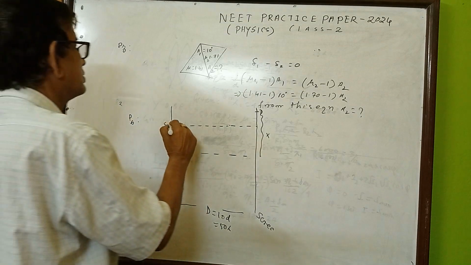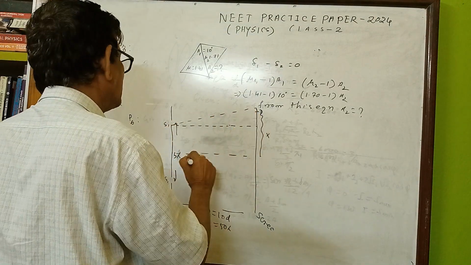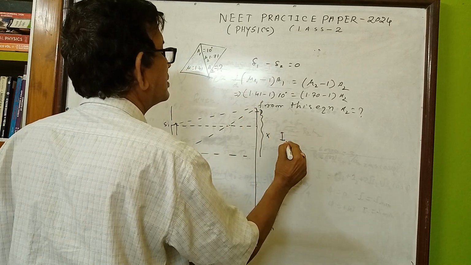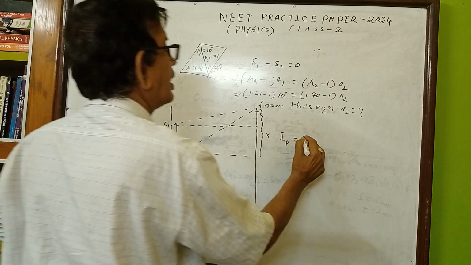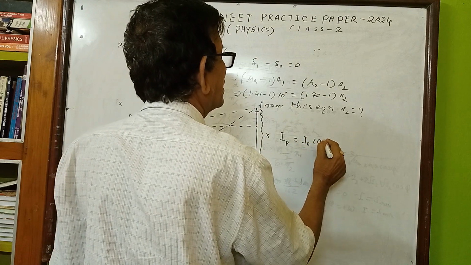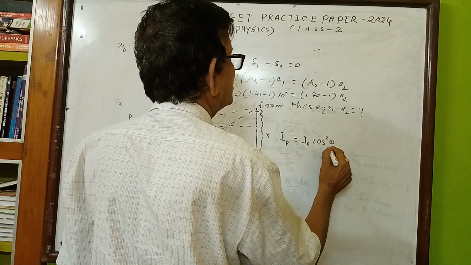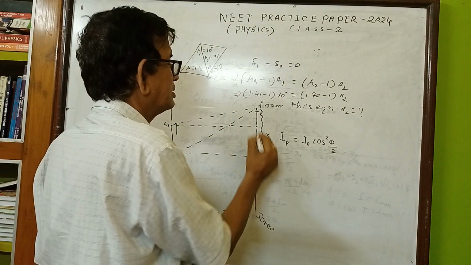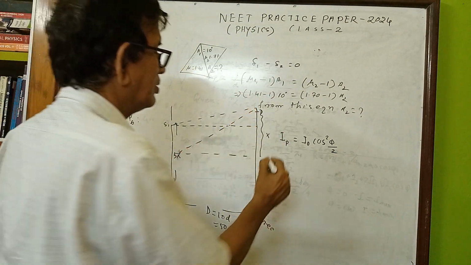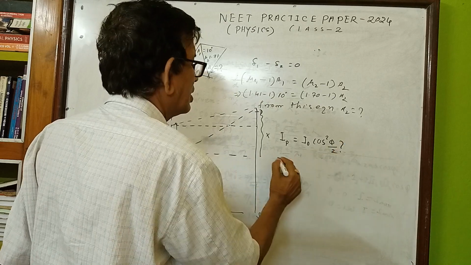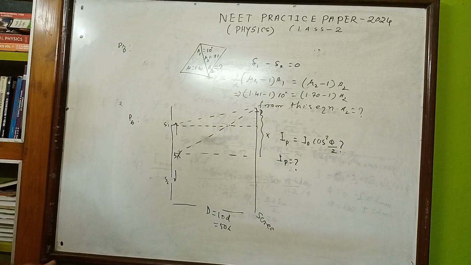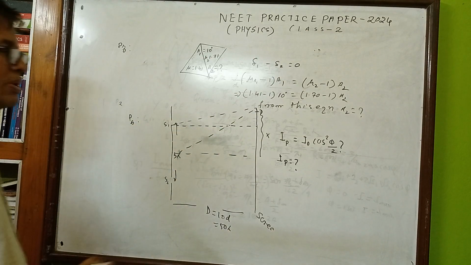Now two rays are going to that point P. They are telling that the intensity at the point P equals I0 cos square phi by 2. The question is what is the intensity at the point P. First I will calculate the path difference.